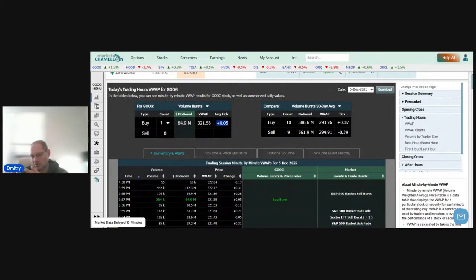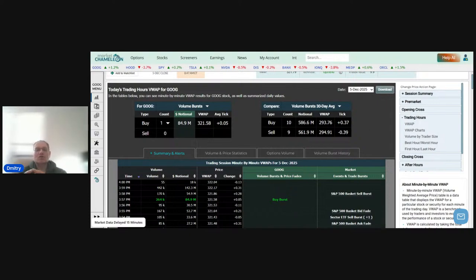So it was 5 cents, which typically means that it could have been just where somebody saw that liquidity and just kind of took it and didn't have to step up a lot, right? Because if you look at the usual price impact, 37 cents, 39 cents, which would be the average impact of a burst.